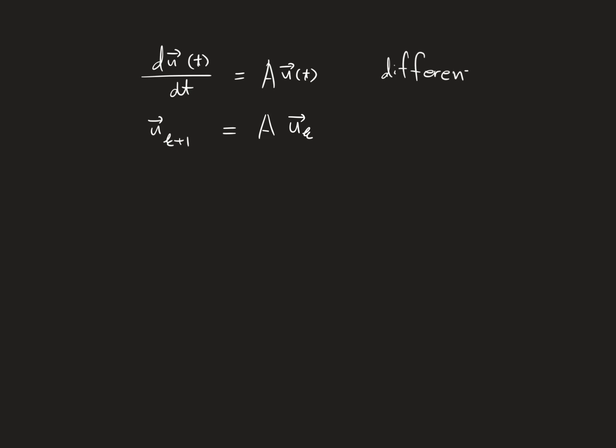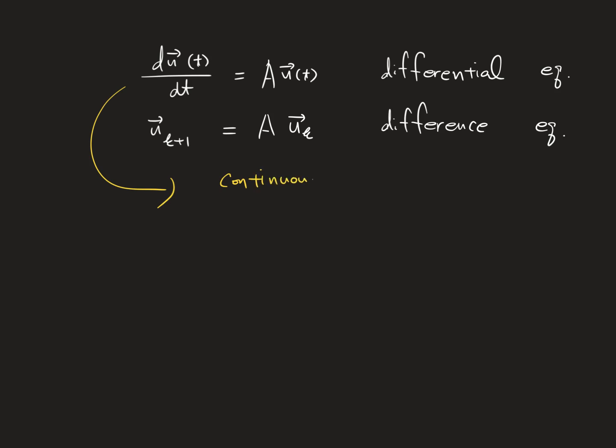This is the differential equation, and this is the difference equation. And this is a continuous time system. Yes, this differential equation is a description of a continuous time system, and this is a discrete time system.